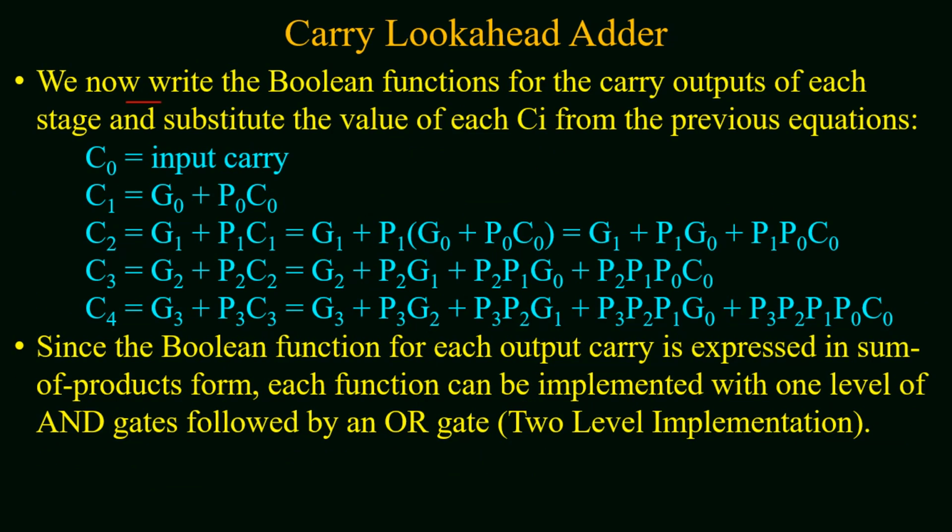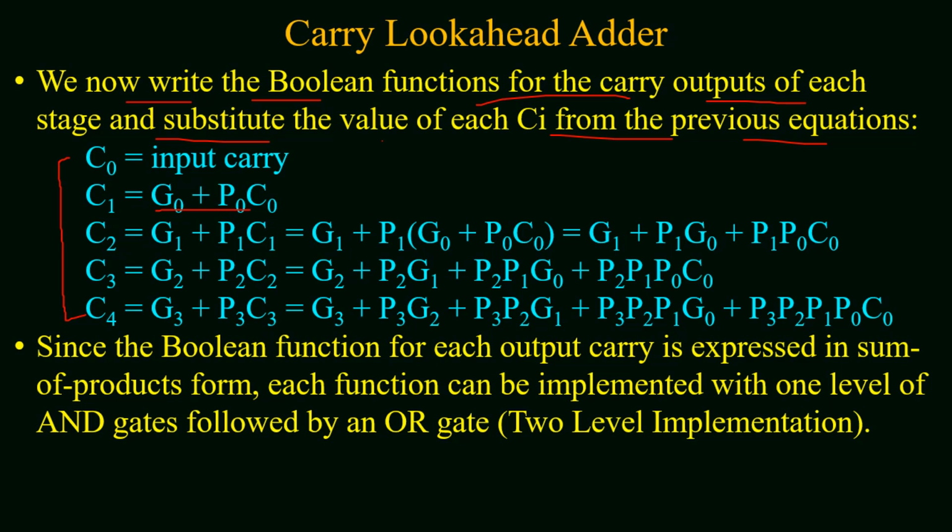Now using the substitution, we will write Boolean functions for the carry output of each stage and will substitute the value of each CI from the previous equations. C0 will be known as the input carry, then C1 will be equal to G0 plus P0 into C0.